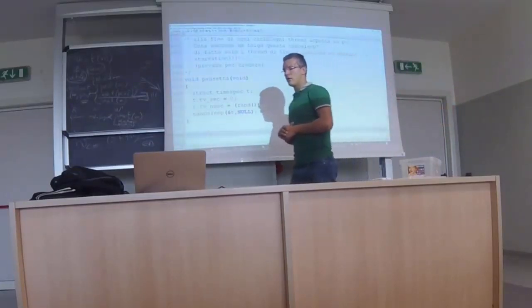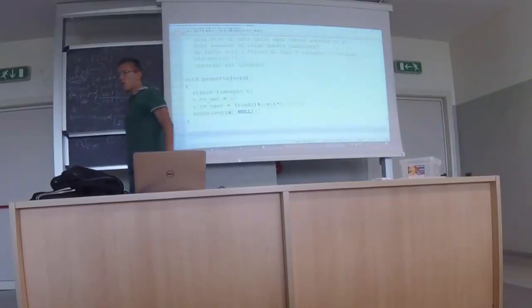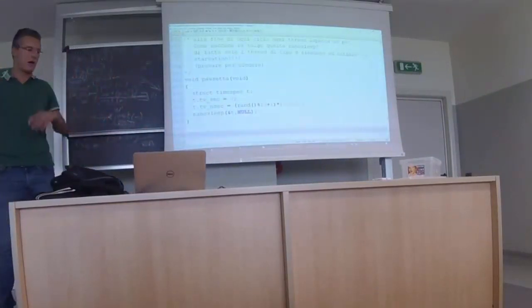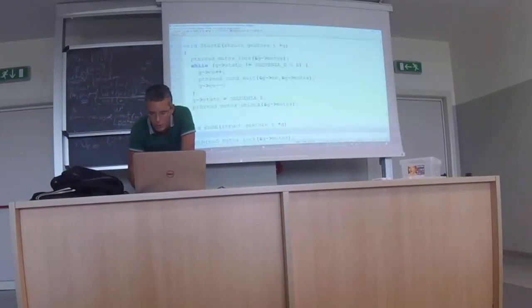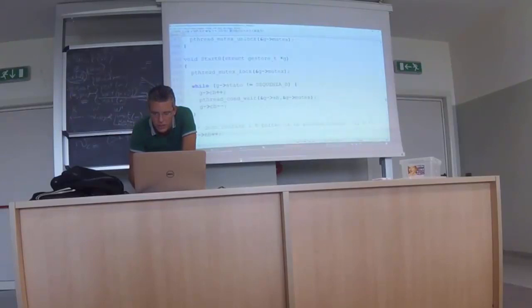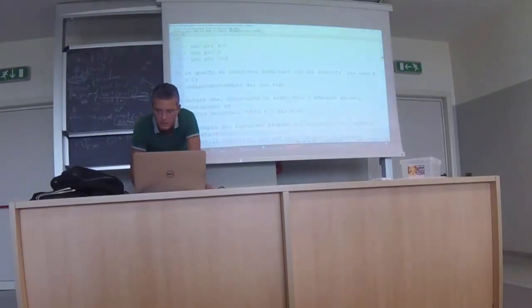Therefore, I typically compile this with a macro, so define semaphore or define mutex, so that you can conveniently decide which of the two solutions to check. They are absolutely equivalent. So we proved that the semaphore and the condition variable implementations are functionally equivalent.